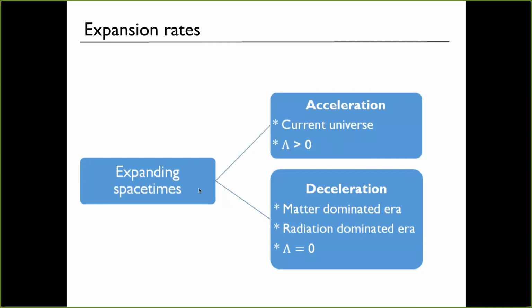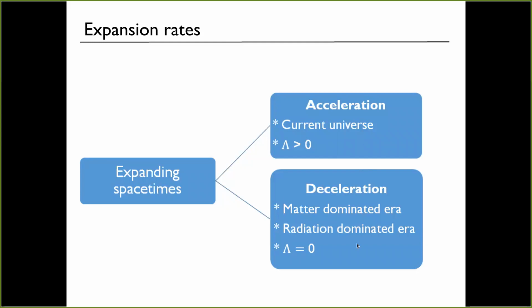Now, in order to do that, it's important to make a distinction between two different types of solutions. If we describe expanding spacetimes, there are the ones that expand faster and faster, the accelerated ones, such as our current universe is at the moment. For example, a de Sitter universe has an expansion that's going faster and faster.